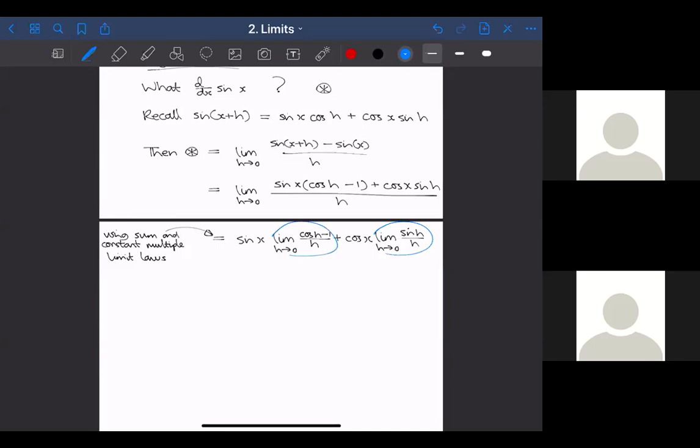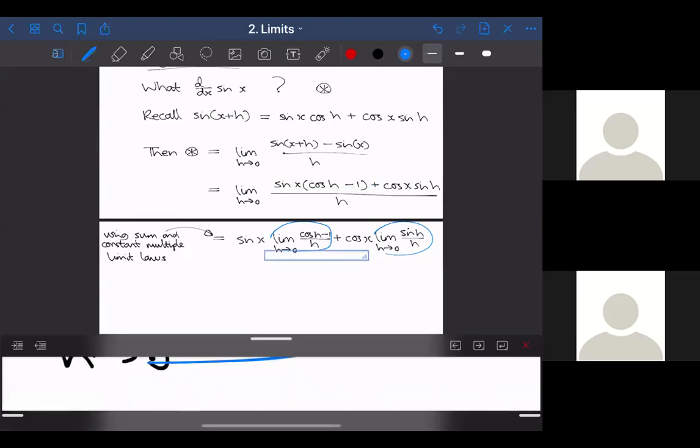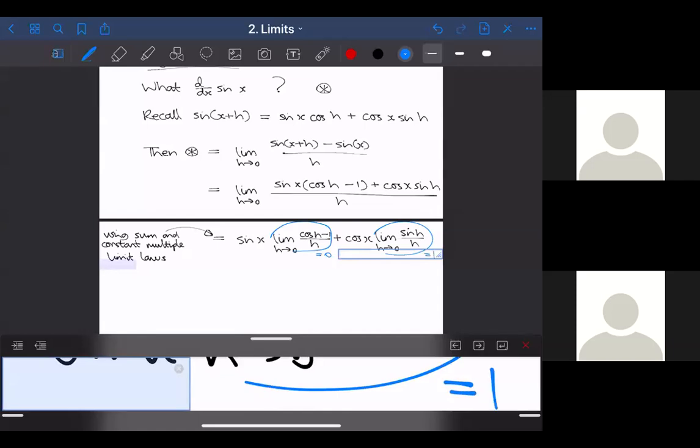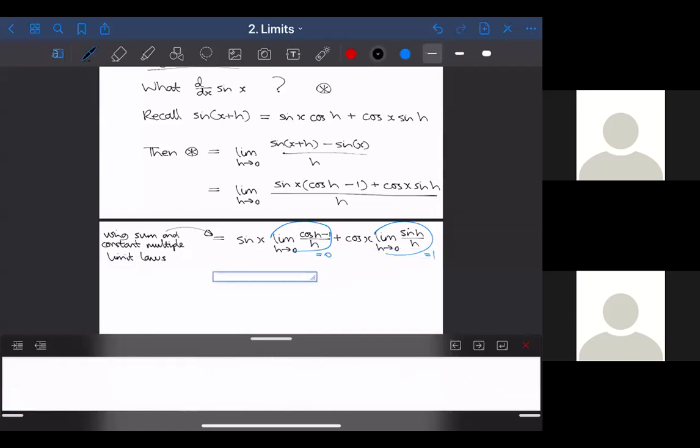Yeah, I'm pretty sure we did calculate that, and the answer is 0 for this one, and as we say, it's 1 for this one. And so the derivative is cos x. So the derivative of sine x is cos x.